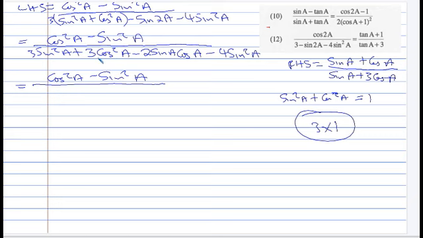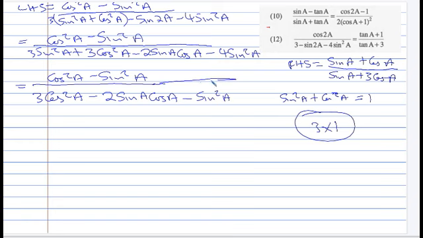Let me start with 3 cos A squared minus 2 sin A cos A, and then 3 sin A squared minus 4 sin A squared. It's minus 1 sin A squared.